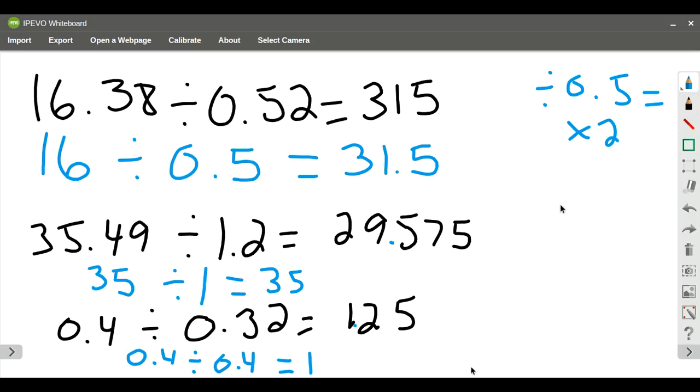I can also use some of the number sense that we've talked about to help us divide.